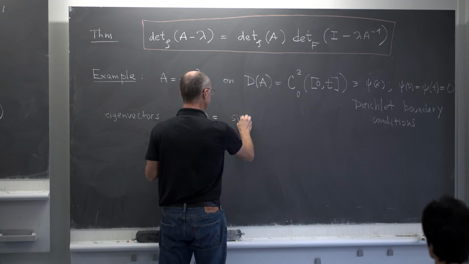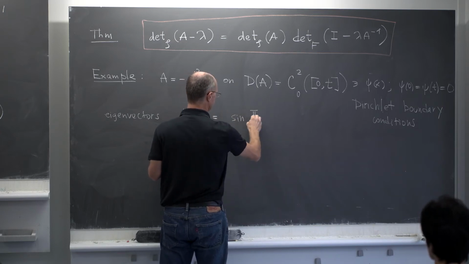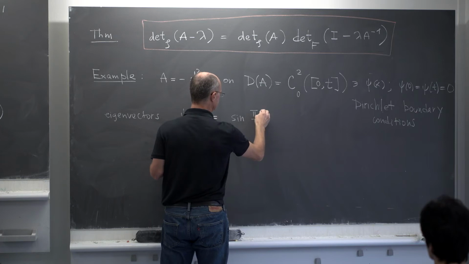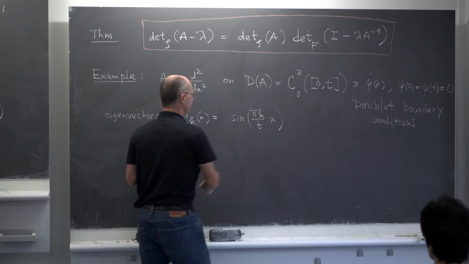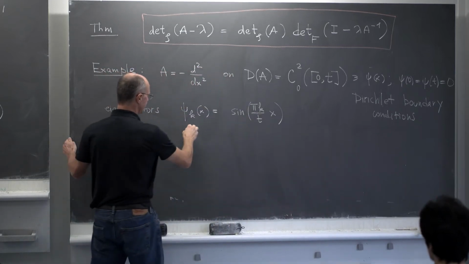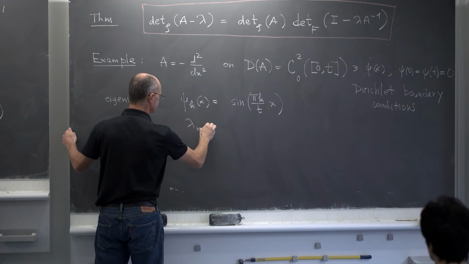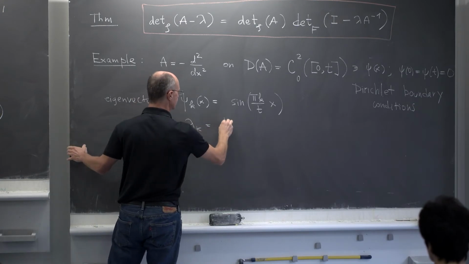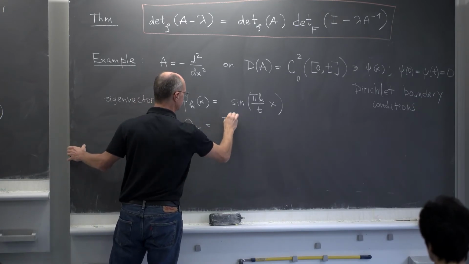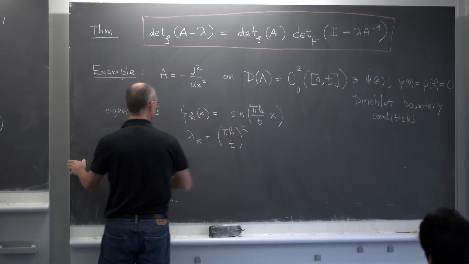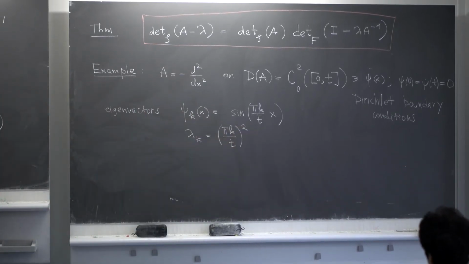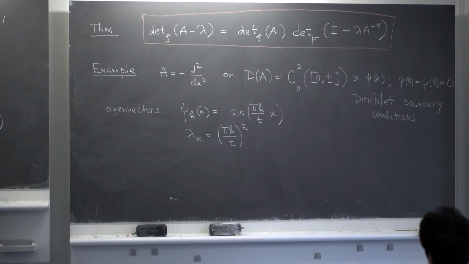So these are sine functions of pi k x over t. And the corresponding eigenvalues will be simply pi k over t squared.